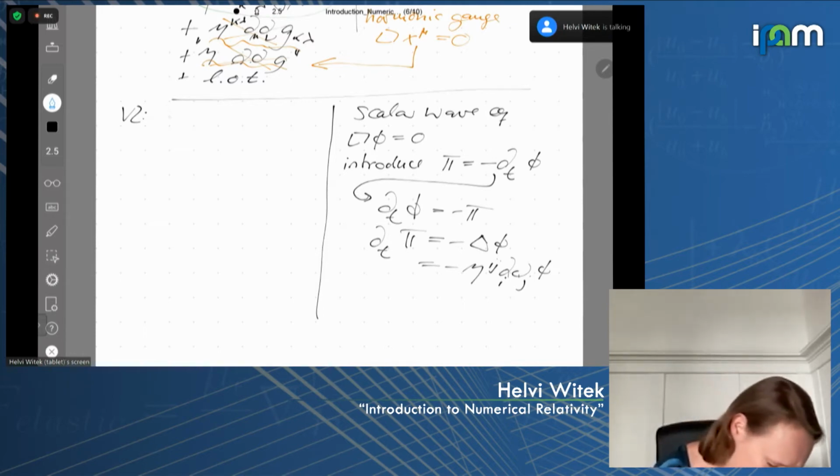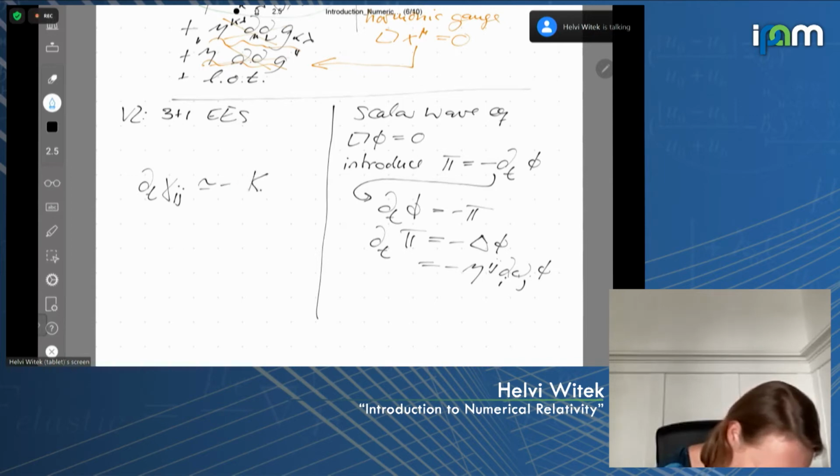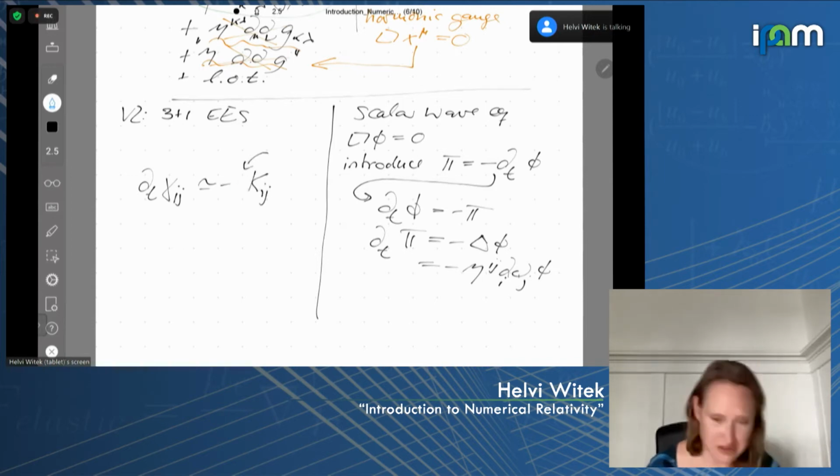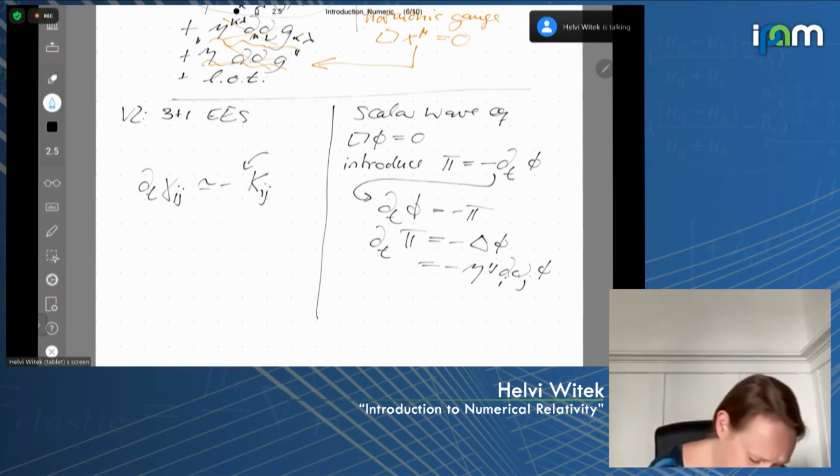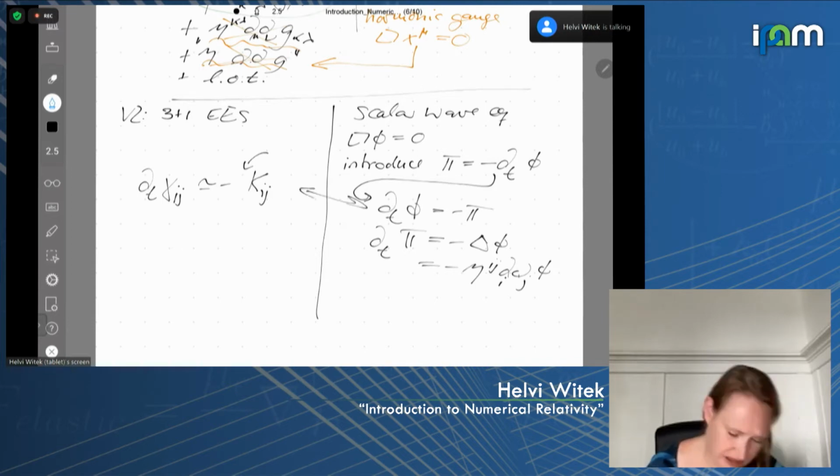If we take 3+1 Einstein's equations, we had the time derivative of the 3-metric related to minus Kij. And yes, there are terms with the lapse that I'm just ignoring right now. But this is a leading order form. So this looks analogous to our time evolution equation for the scalar field. So good.